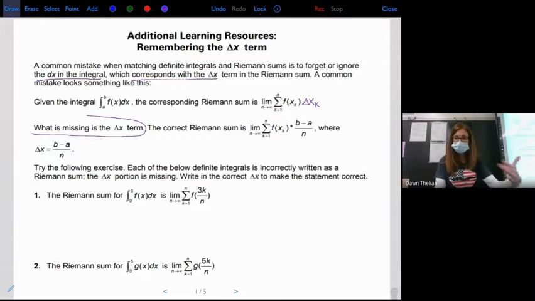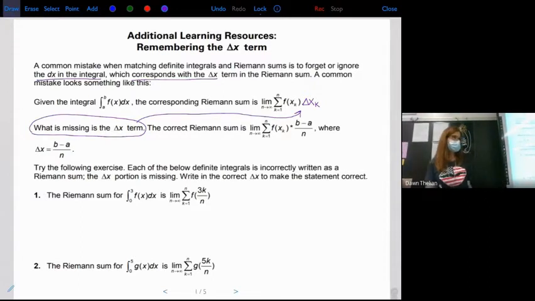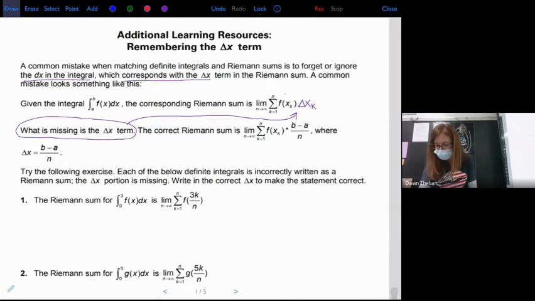You see the summation, you see the f of x, but you're forgetting to multiply by the delta x again. And the other reason I want to bring it up, besides it corresponding to the dx, remember, these are our rectangles. So the f is the height, and the delta x is the base.